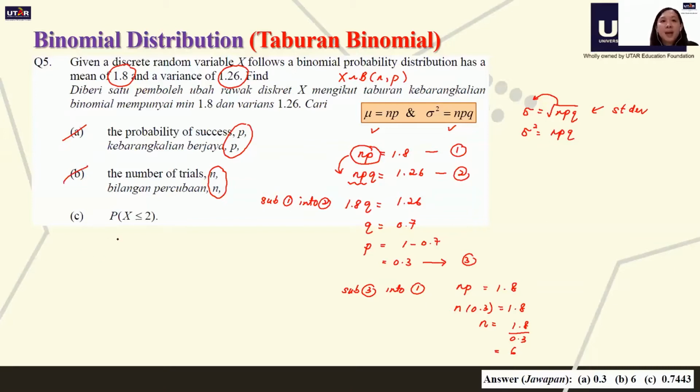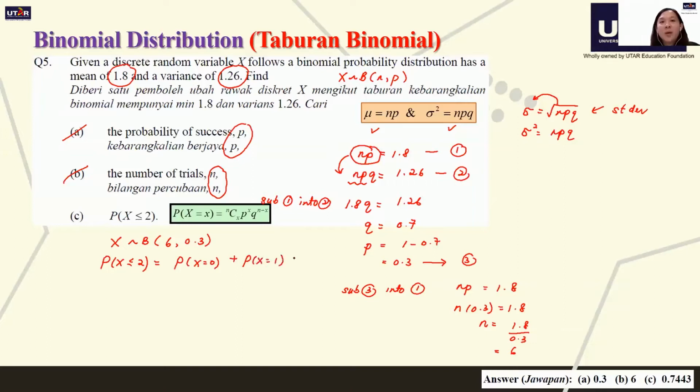So now my X will have a binomial distribution. N is 6, and the probability of success is 0.3. In part C, we are requested to find P of X less than or equal to 2. This is like the normal case. We find it using the formula for probability. Less than or equal to starts counting from 0 until 2, so I have 0, 1, and 2 to be added together.